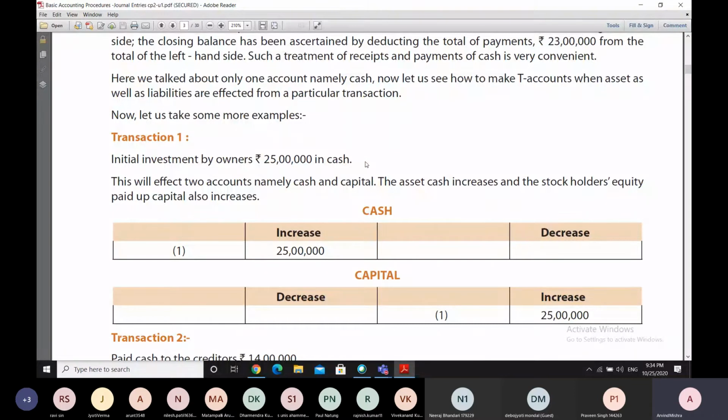So when we say investment is made in the company, it means that capital has been invested. Now, when an investment is made by the owner, it's called introduction of capital into the business. Now, introduction of capital or introduction of cash will affect two accounts, as we have seen that every transaction affects two accounts.